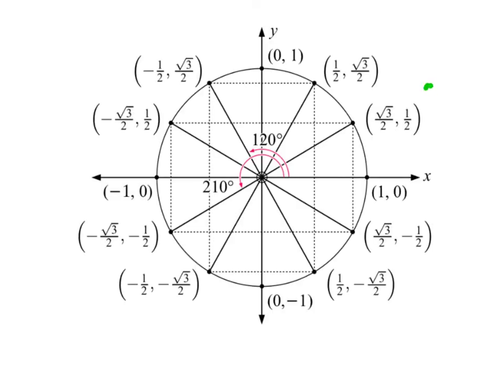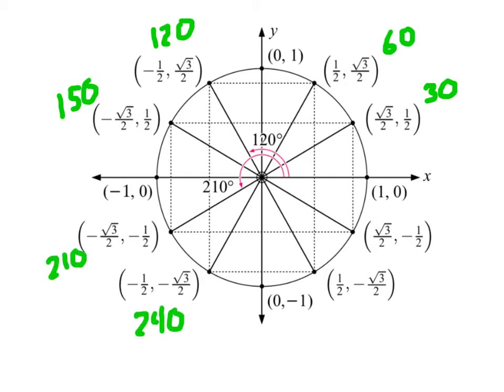Notice that all these angles, 30, 60, 120, 150, 210, 240, 300, and 330 all have coordinates that are combinations of 1/2 and the square root of 3 over 2 and their negatives.